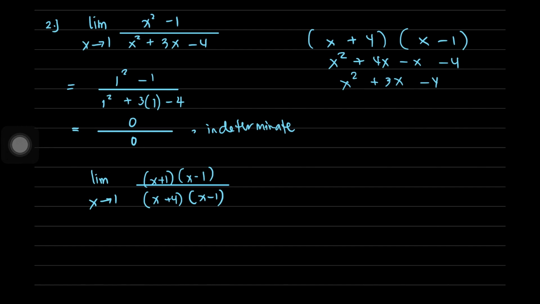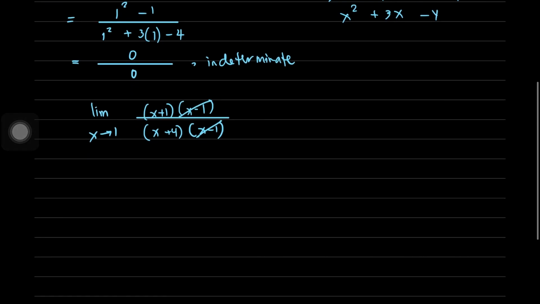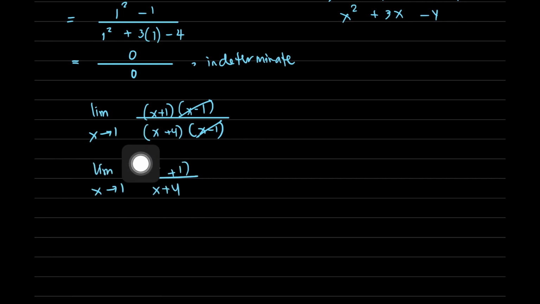Now, you will notice that we can cancel out x minus 1 in the numerator and x minus 1 in the denominator because they are common factors. So we cancel this out, and then we have the limit of x plus 1 all over x plus 4 as x approaches 1. Now, let's try to evaluate this limit. If we produce a result like this, again, what we are going to do is manipulate it again.